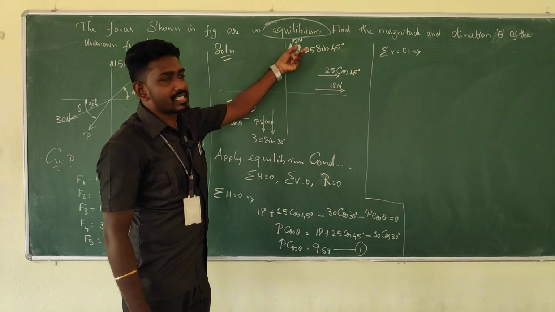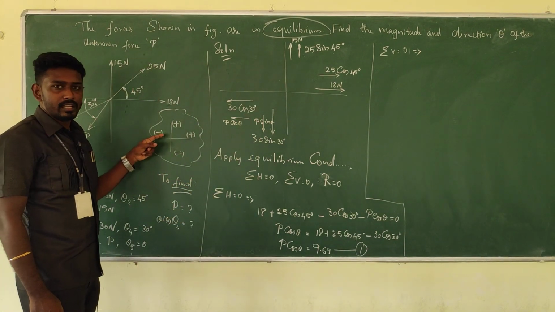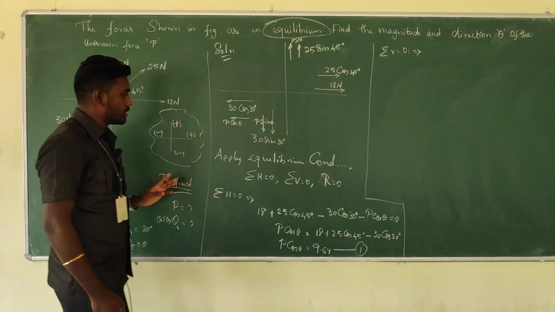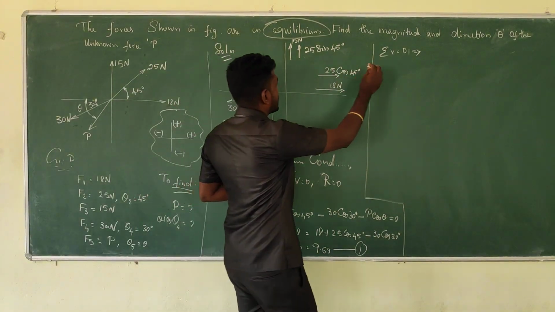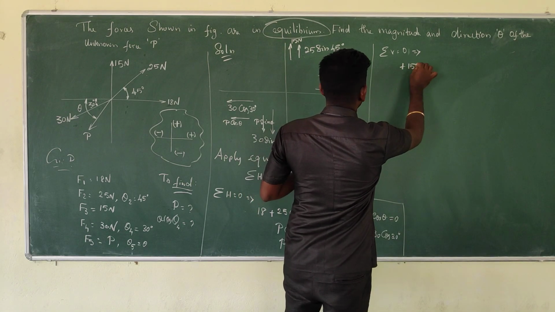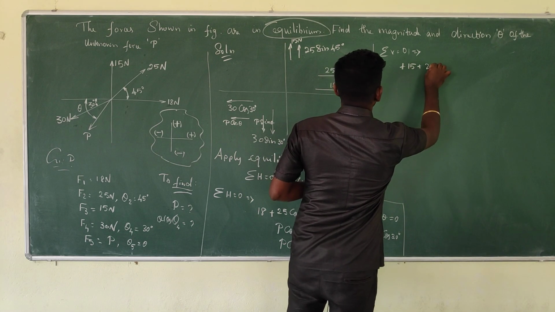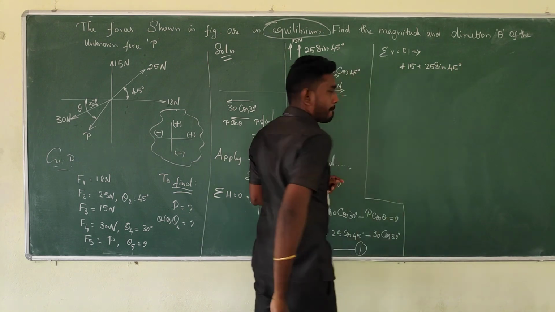Both are directed vertically up. So what sign needs to be provided for these two forces? It is vertically up, so it's positive. So I'm going to take plus 15 plus 25 sine 45 degree.